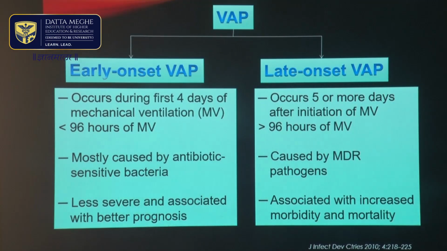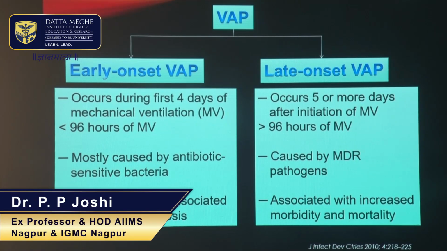But late onset VAPs are more dangerous, because when late onset VAPs occur after 96 hours after mechanical ventilation, multi-drug resistant pathogens are responsible and associated with increased morbidity and mortality.